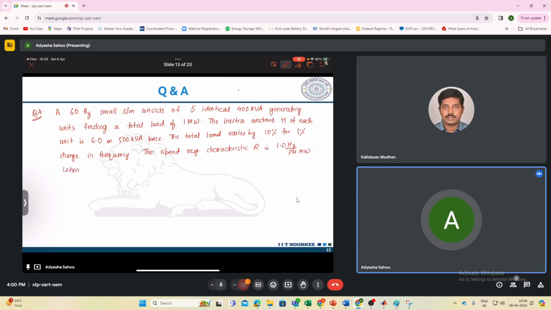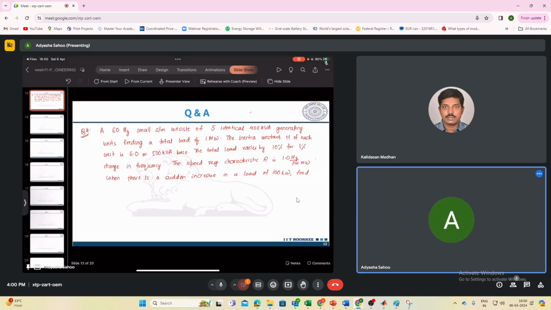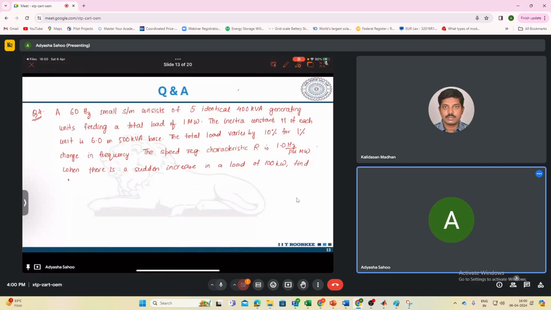When there is a sudden increase in load of 100 kilowatt, find the steady state frequency in hertz, assuming that the speed governor loop is inactive.